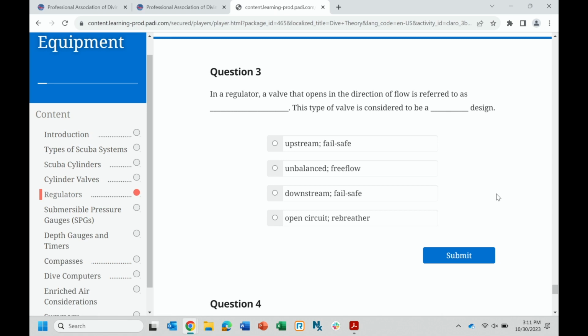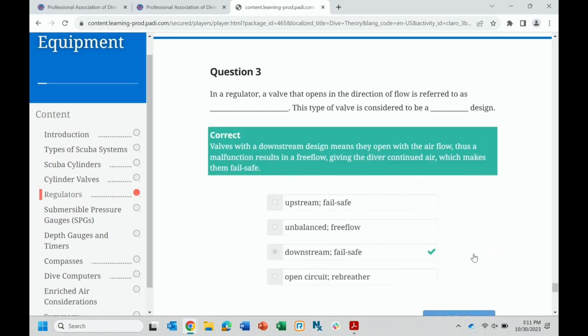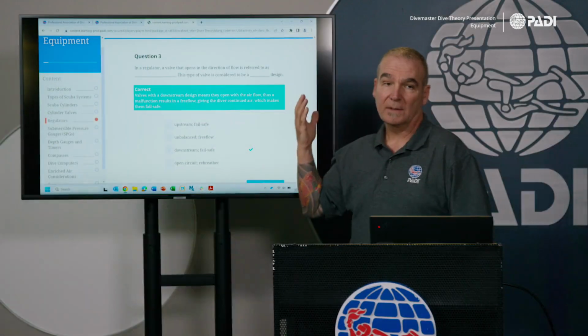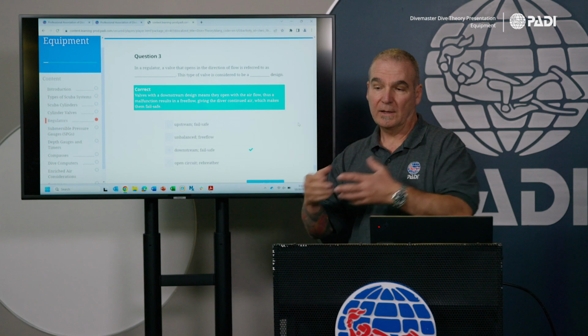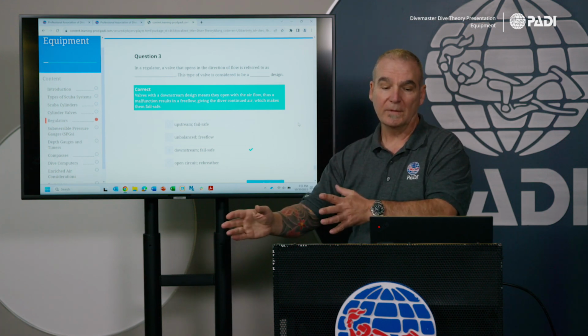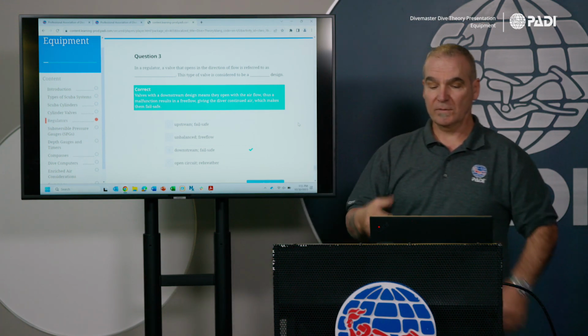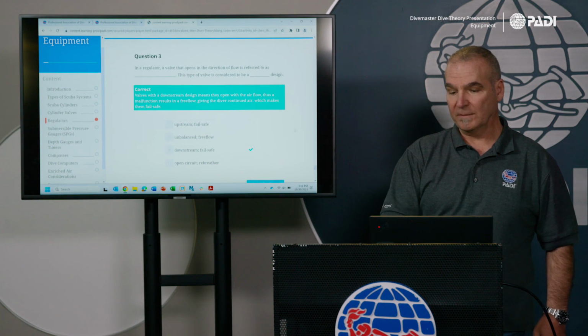This type of valve is considered to be a design. Most probably fail-safe is correct here, and then we want downstream, right? So hopefully this is the right answer. Submit it, and yes, right? So you have that downstream. If anything goes wrong, it just opens, and because of that, it's a fail-safe design.